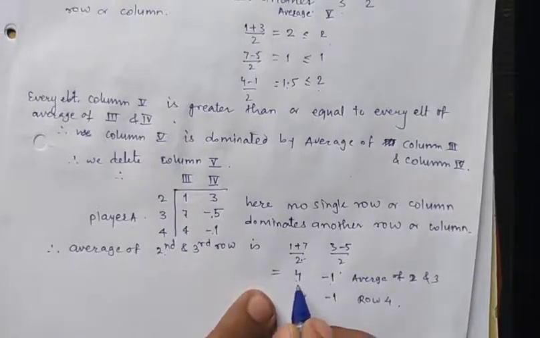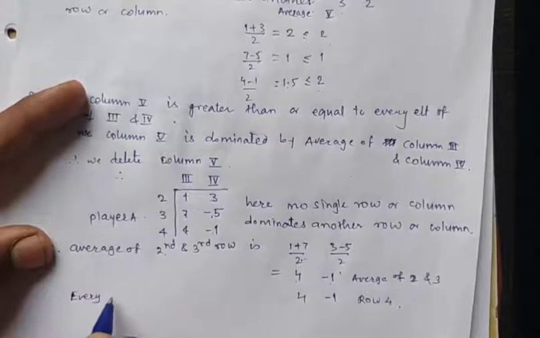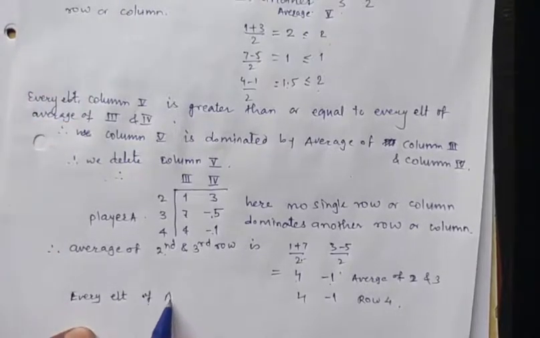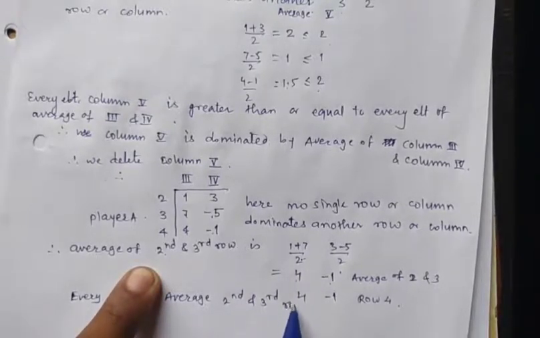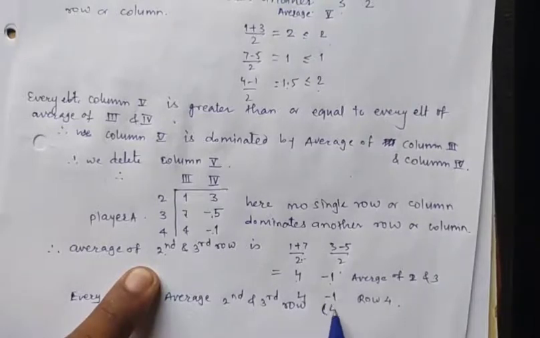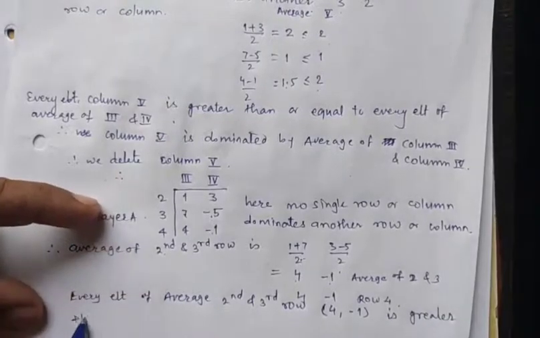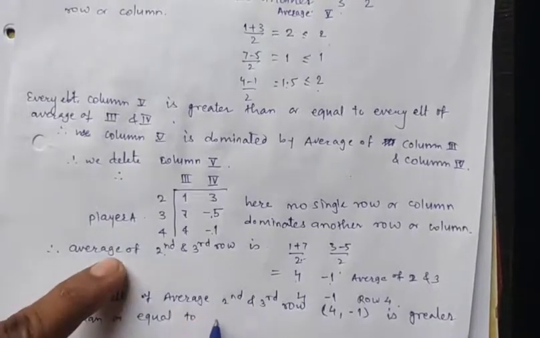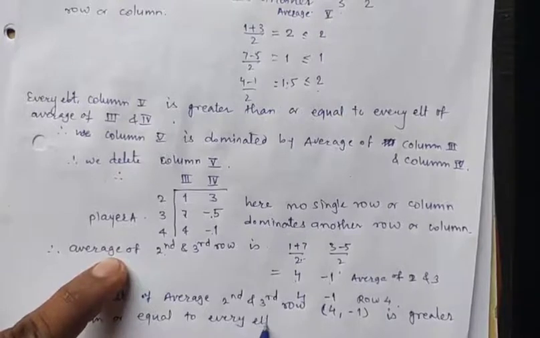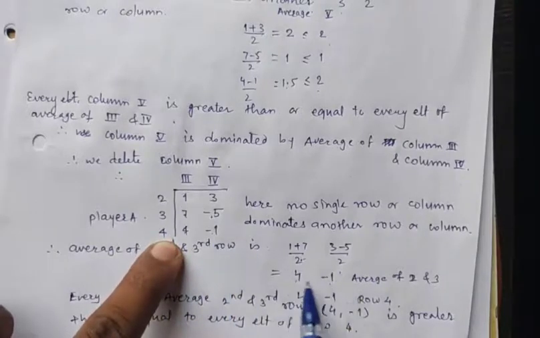Therefore every element of the average of the second and third row, which is 4 and minus 1, is greater than or equal to every element of row 4, right?